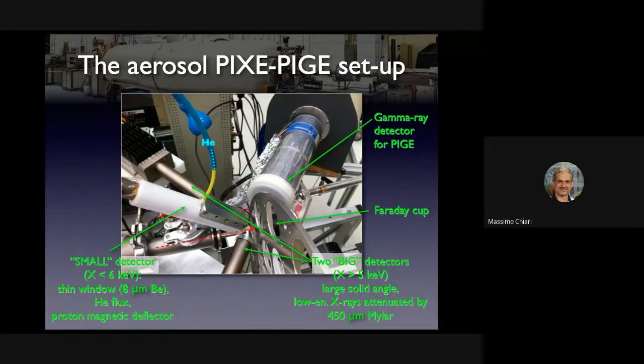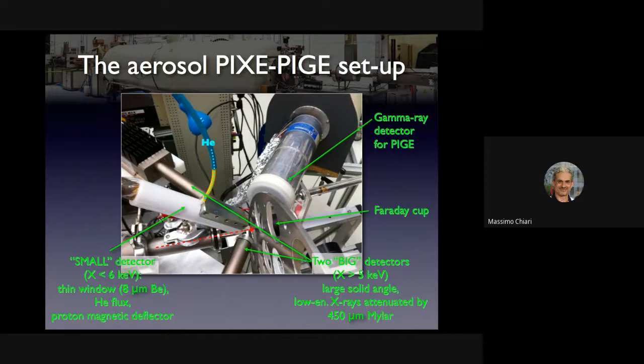This is the external beam setup for PIXE-PIGE analysis on aerosol samples. You see here, can you see the mouse or this pointer? Yes. Okay, here is a sample holder where many samples can be placed. The proton beam is extracted from the beam line in this direction.